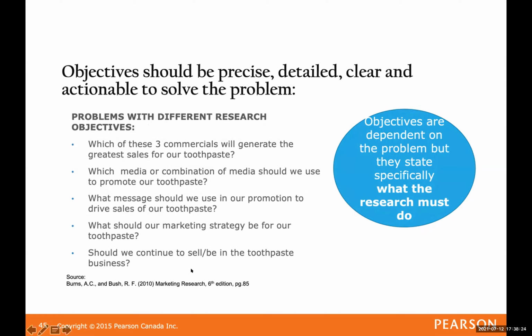All right, what should our marketing strategy be for our toothpaste? And marketing strategy includes how the toothpaste is going to be packaged, how it's going to be positioned in the marketplace, and which specific segment or segments you're going to go after. Should we continue to sell or be in the toothpaste business? In other words, is it that this particular brand of toothpaste is no longer selling?